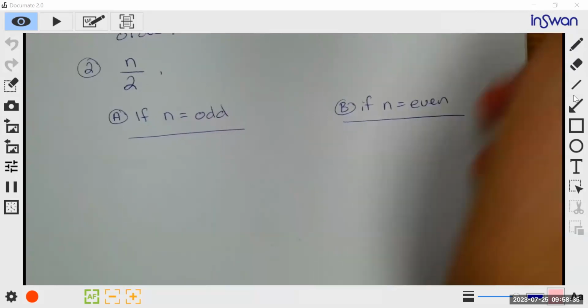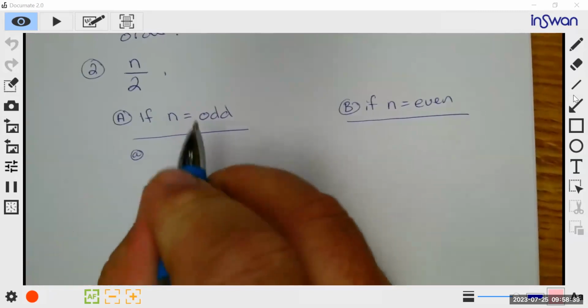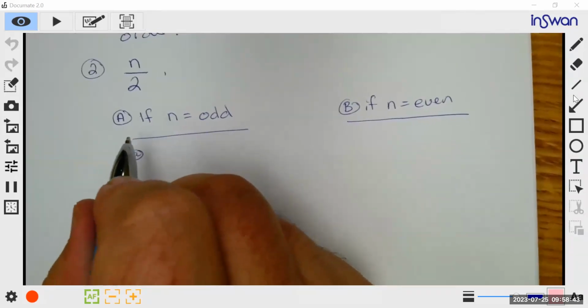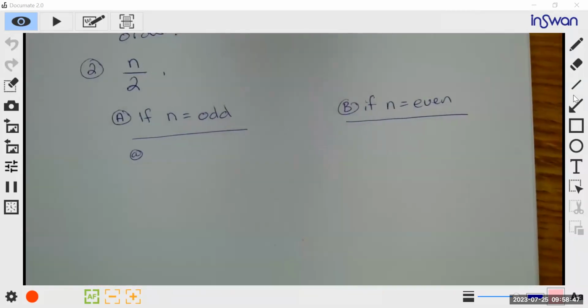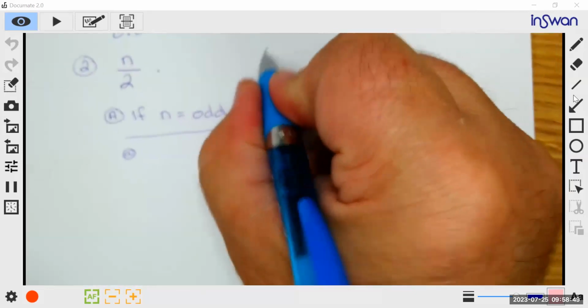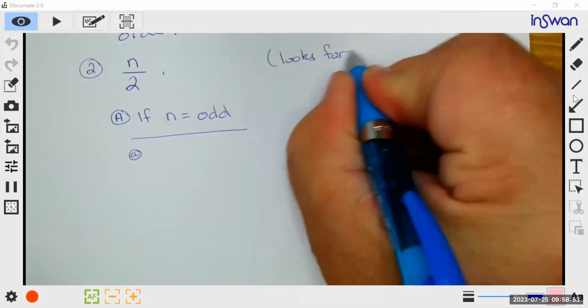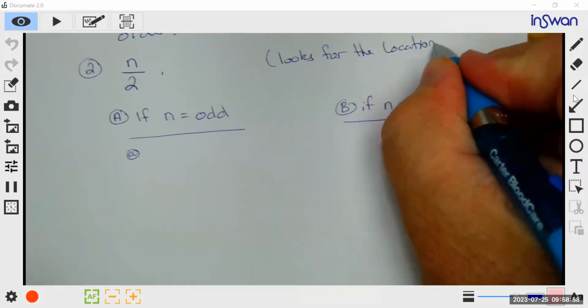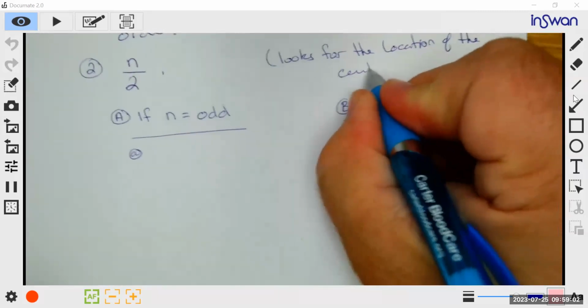If n is odd and you divide by 2, what happens? No. Remember, your data points are just data points, because we're looking for the location of the center value.